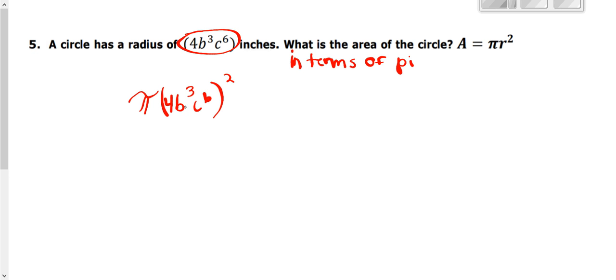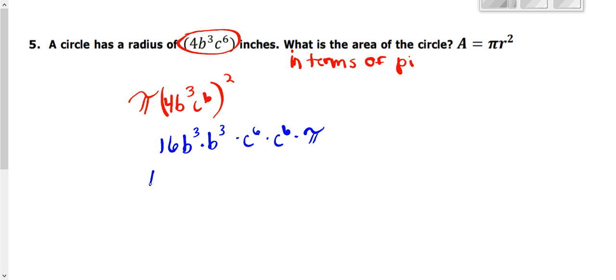Taking each and squaring, I know I'll have 16. And I'll have b to the 3rd 2 times, and I'll also have c to the 6th 2 times. And I also have pi, so I'm just going to put pi down here at the end.